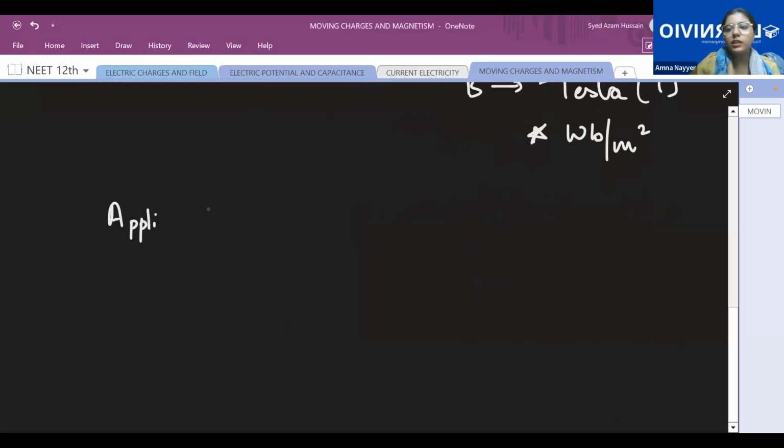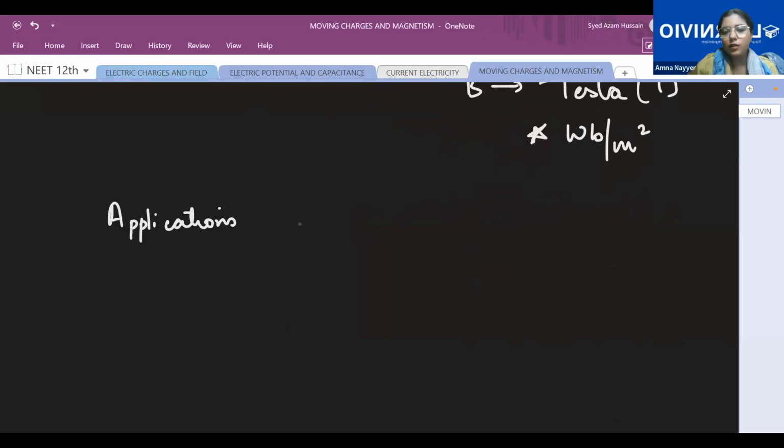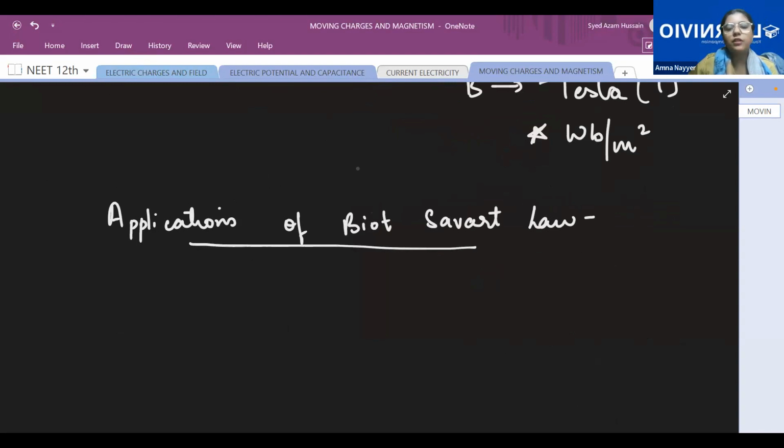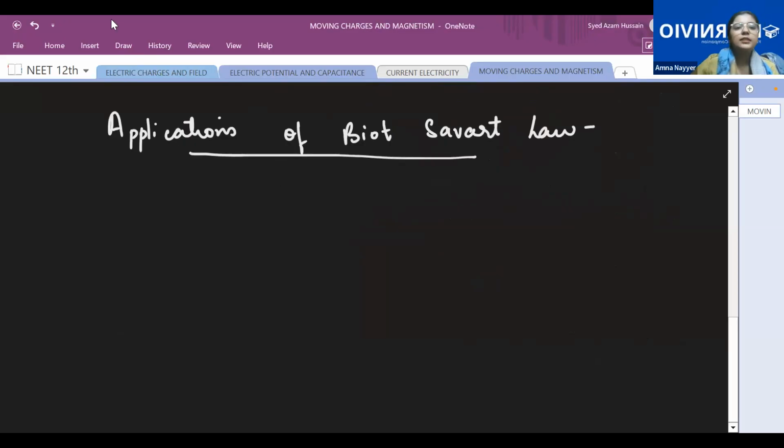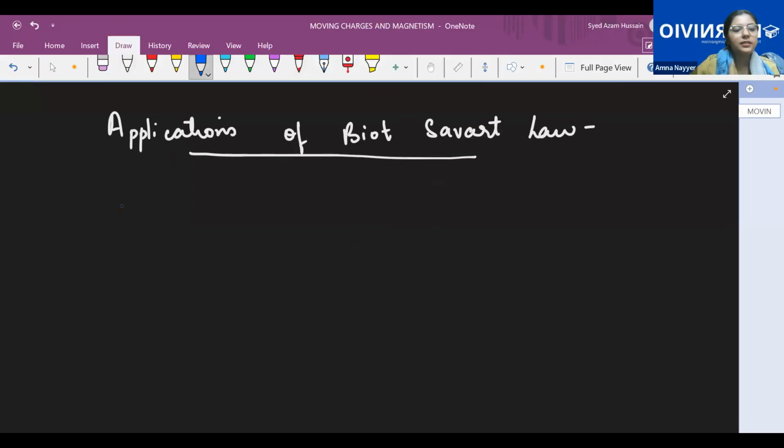Now see, coming to the different applications of the Biot-Savart law. Okay. So applications, we've already talked about, there are various kinds of figures that are present. So quickly we'll discuss. But one of them is very important because we haven't discussed it yet.